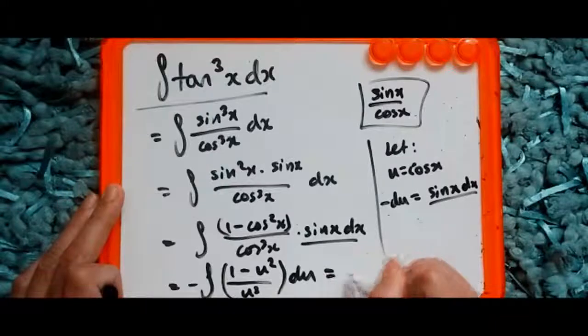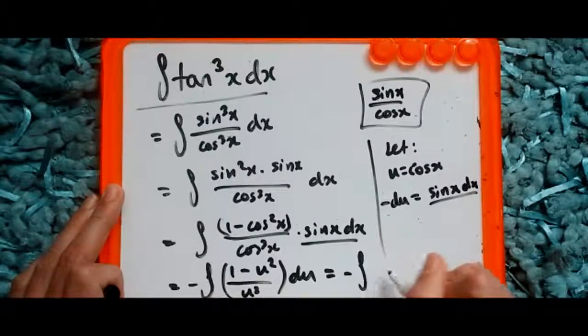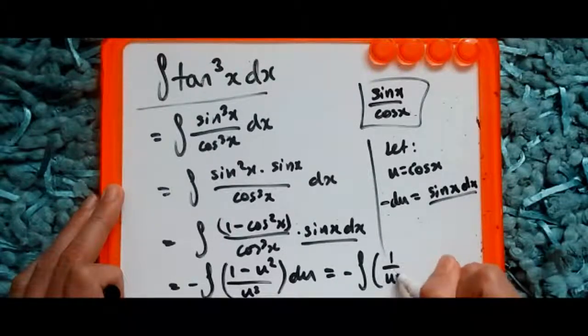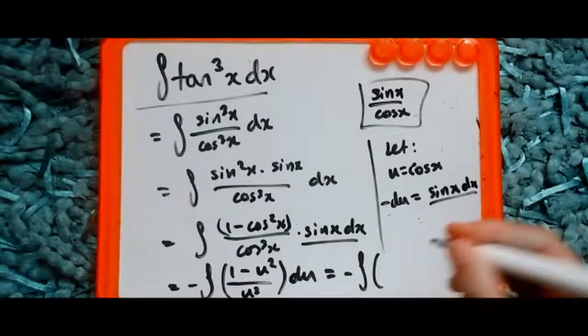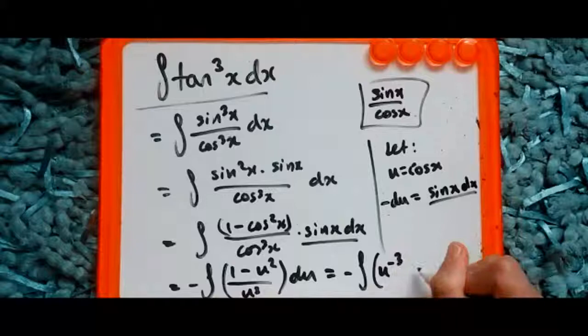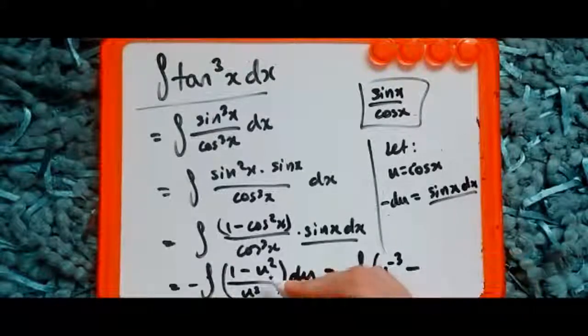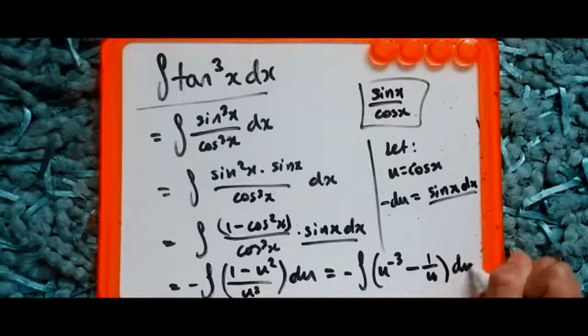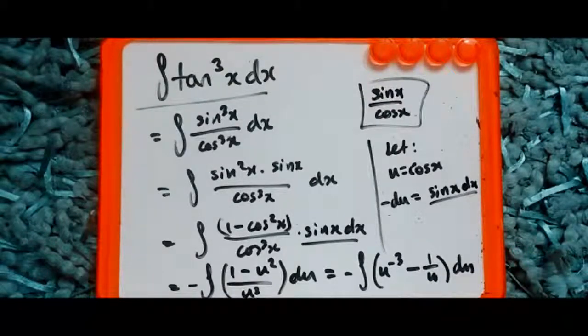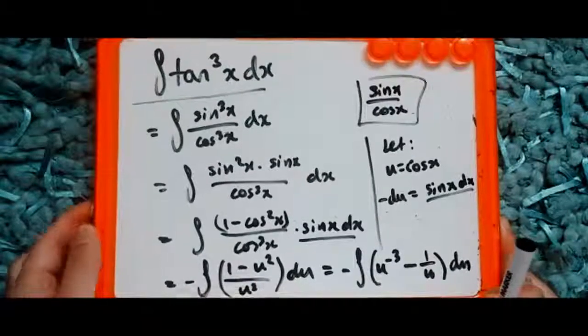All of this is just going to be minus the integral of u to the power minus 3, in standard form, minus u squared over u cubed, which is 1 over u. And this one, once you integrate, is just the natural log. Let me clear this board up and then show you the final result.